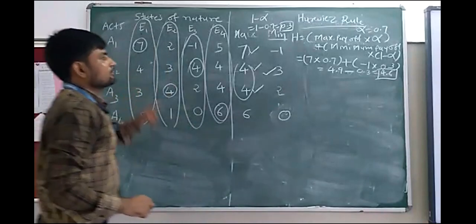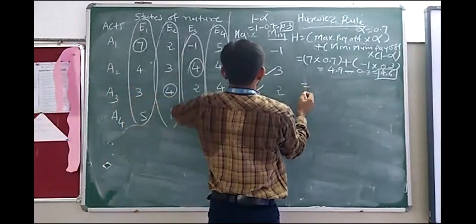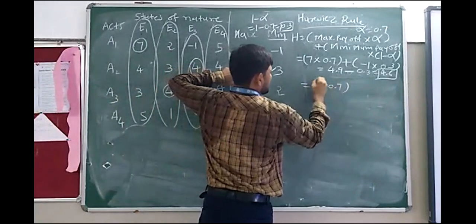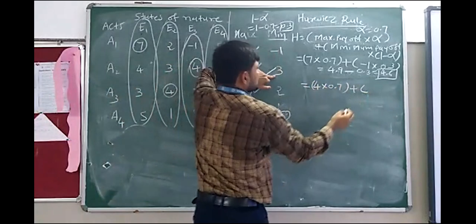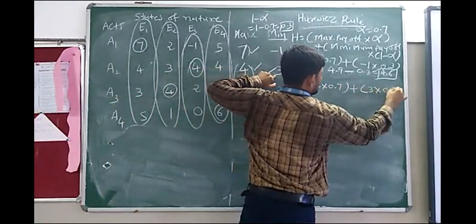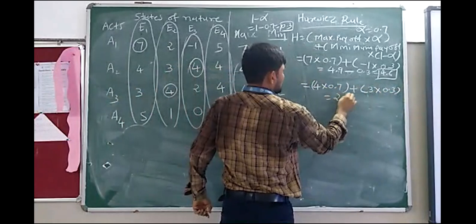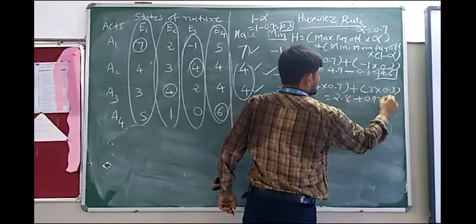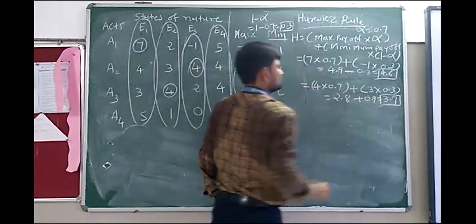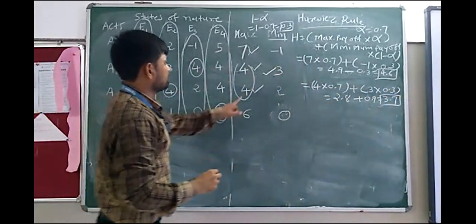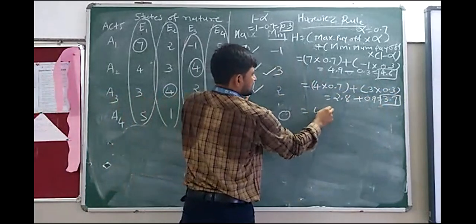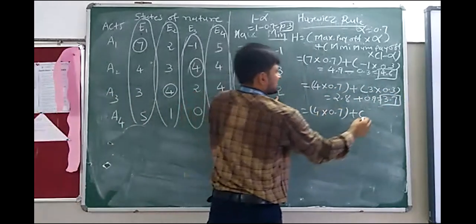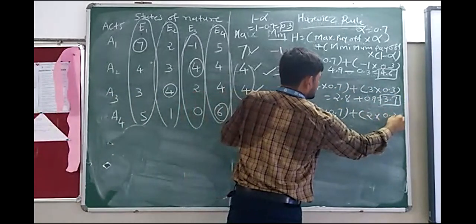Okay. Again, we'll find for Act 2, 3, and 4. So maximum into alpha plus minimum into 1 minus alpha. So 2.8 plus 0.9. So 3.7. Okay. Then we'll find for Act 3. Maximum into alpha plus minimum into 1 minus alpha.